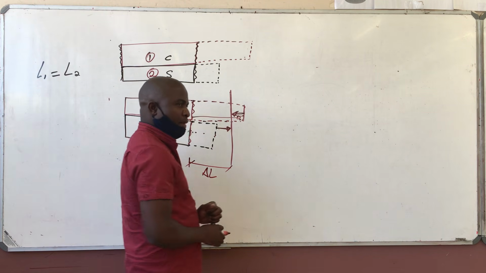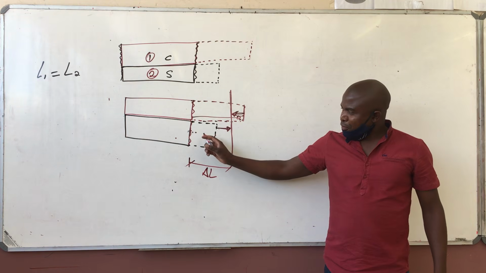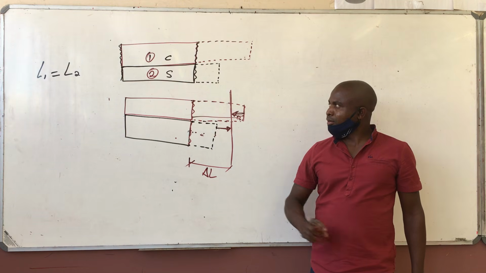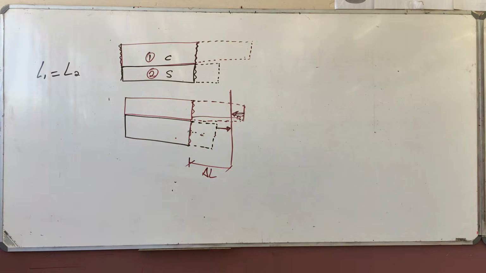So what type of stress are we going to have here on the black one, number 2? Tensile. And the red one? Compressive. Yes, that's true.